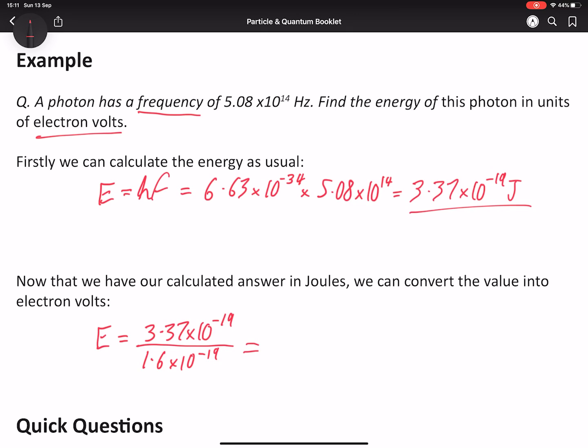So we should expect a simple value at the end of this, which is exactly what we get. We end up with a value of 2.11 electron volts. Much simpler, much shorter, and much less likely to carry an error while we use it.